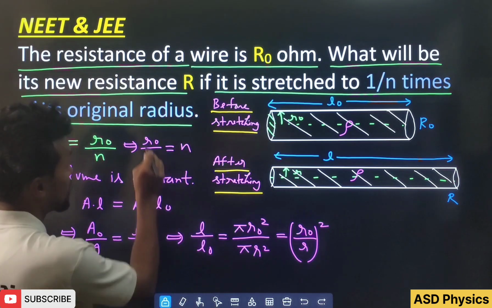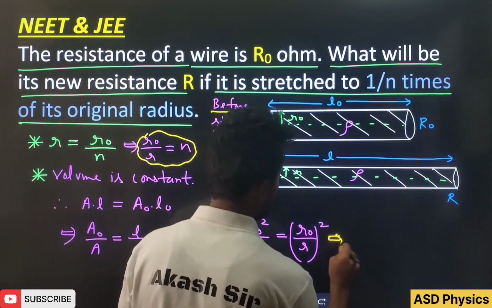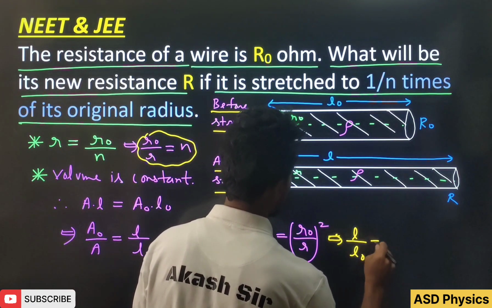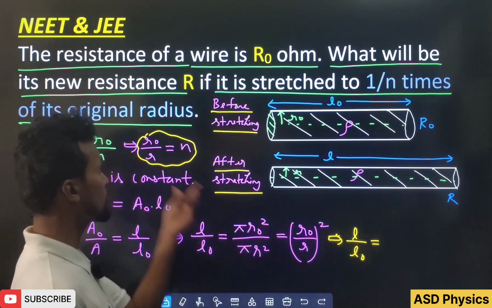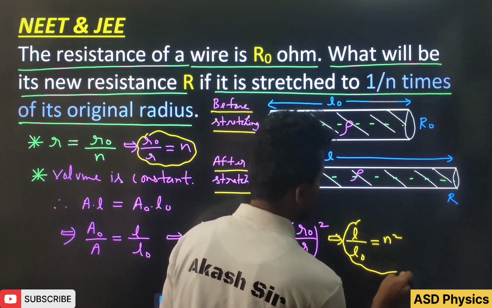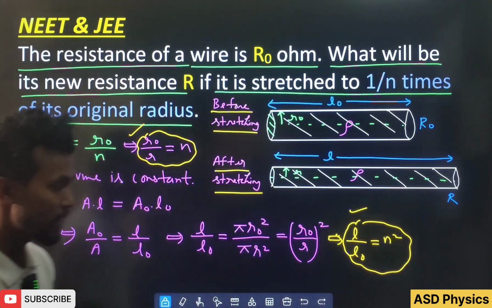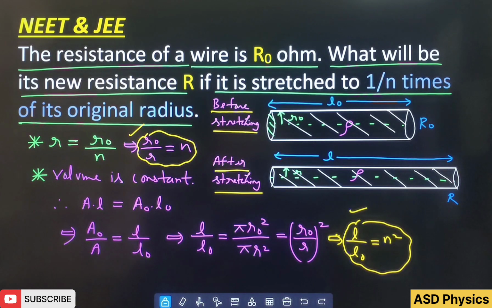Now can you see very well how we have done this? So we can write this L by L naught is given by R naught by R, n. So students, it will become n square. What is becoming? n square. So kindly remember this thing, and this thing also. See how I have got R naught by R and how I have got L by L naught also.